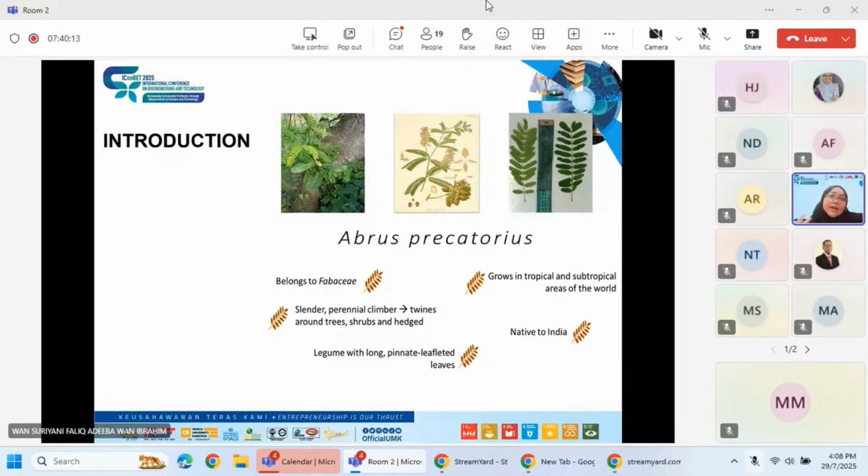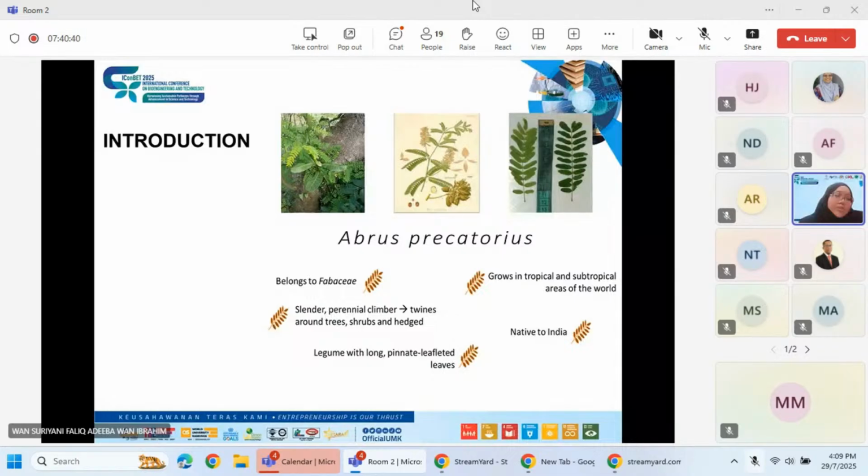We found that the methanolic extract induced apoptosis in MDA cells. We are going to take this point onward to see whether or not APME, the Averrhoa methanolic extract, can enhance natural killer cells.